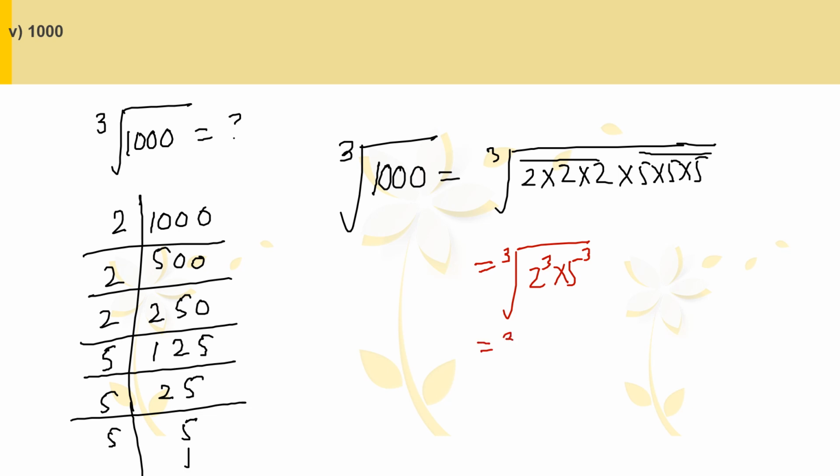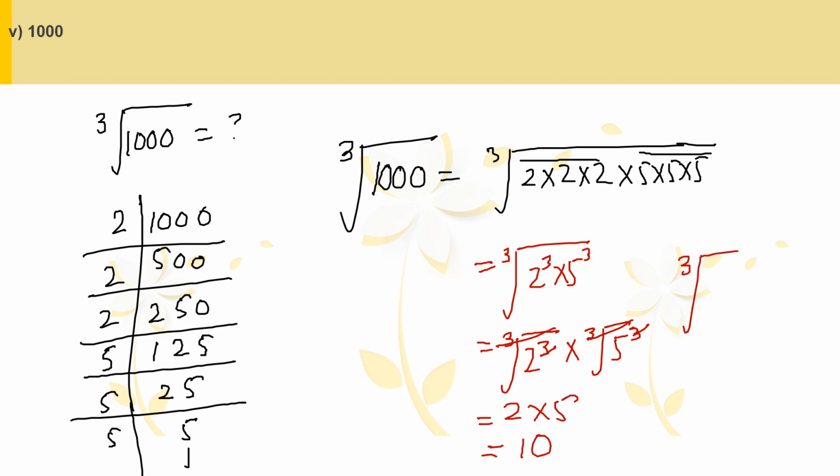I will separately apply root on both of these. Cube root of 2 cube multiplied by cube root of 5 cube. This cube cancels with cube root, this cube cancels with cube root, and I get 2 multiplied by 5, and 2 multiplied by 5 is 10. That means the cube root of 1000 is 10, which means 10 multiplied by 10 multiplied by 10 is equal to 1000.